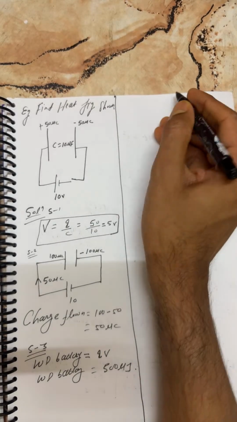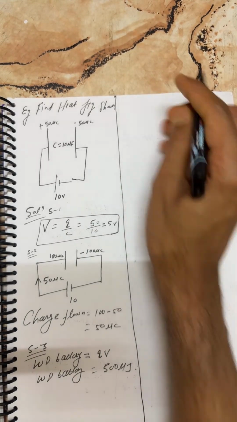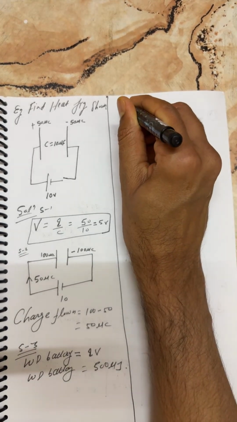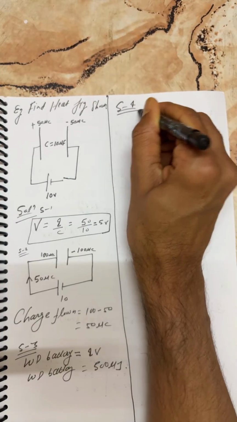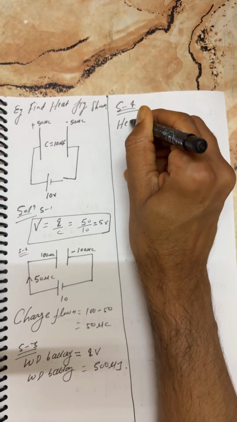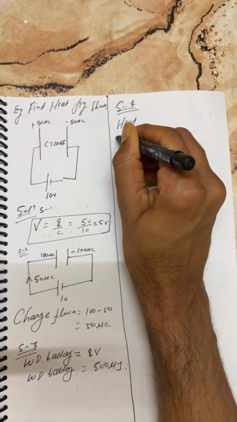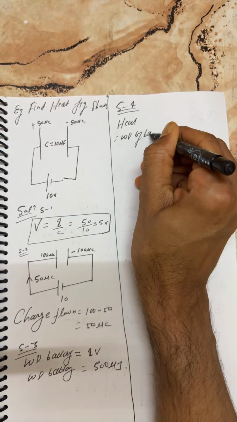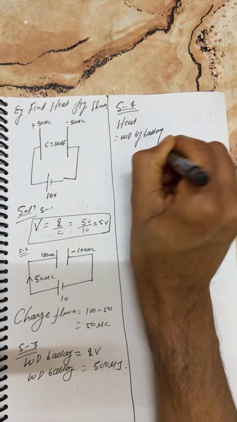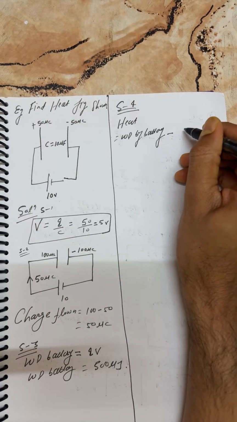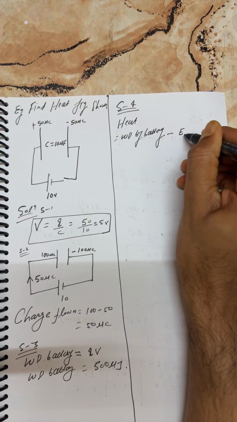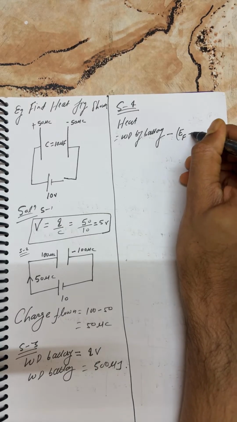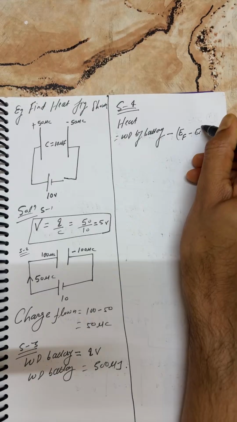So we have to find heat. So what is heat, student? How can we do here, my kids? In step 4, beta, you can say heat is equal to work done by battery minus energy final minus energy initial.